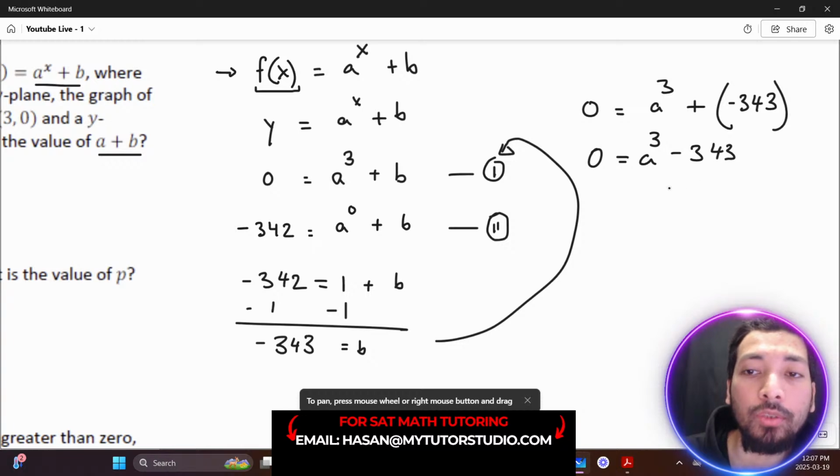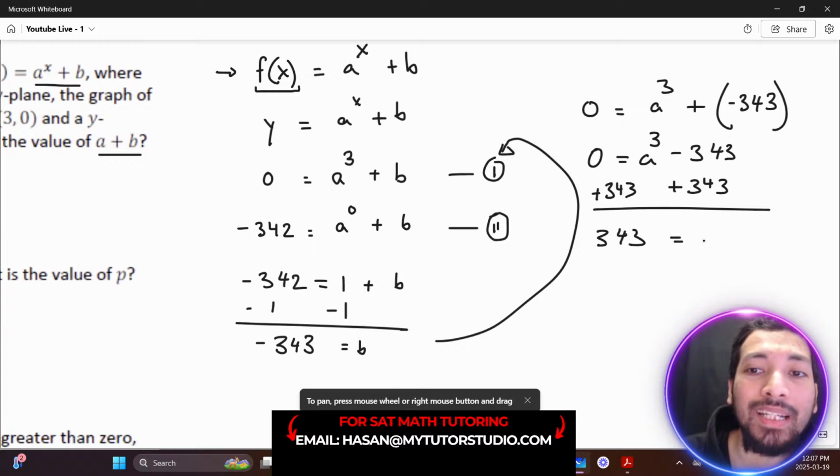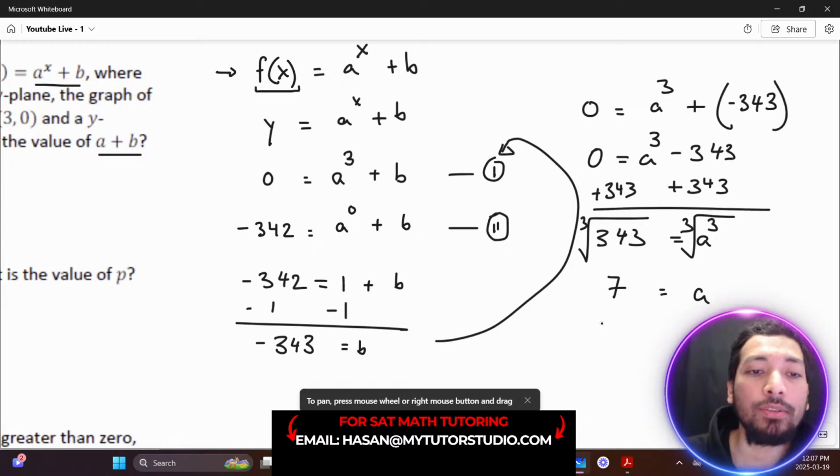Add 343 to both sides. I get 343 is equal to a to the power of 3. And when I take cube root, I get 7 for a. So a is equal to 7 and b is equal to negative 343.